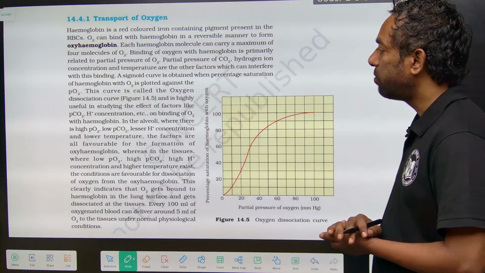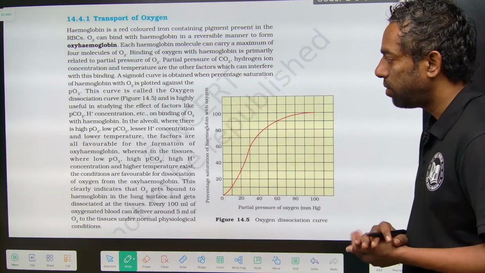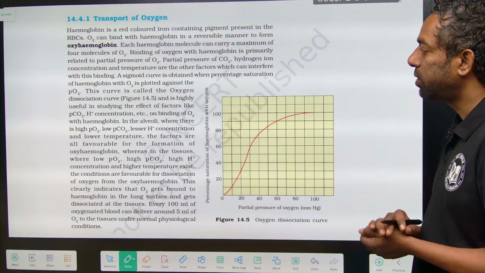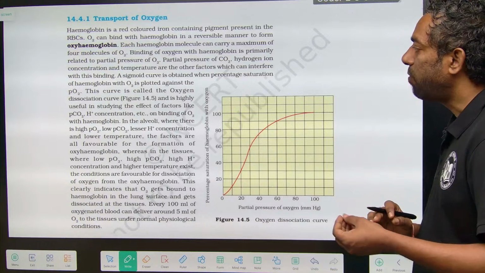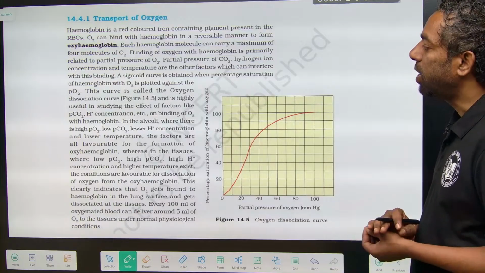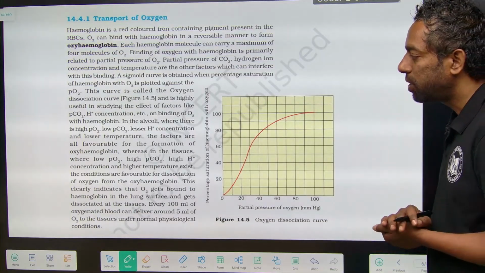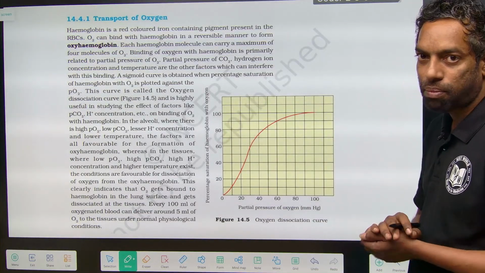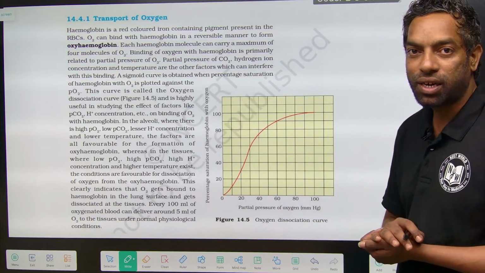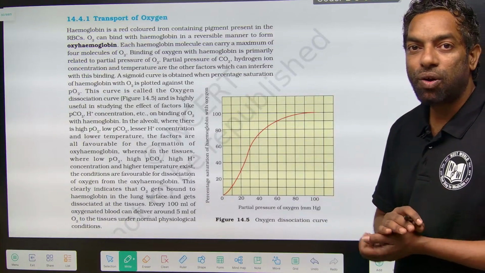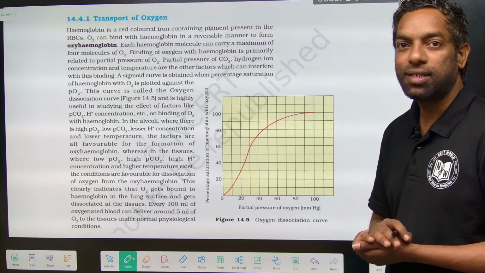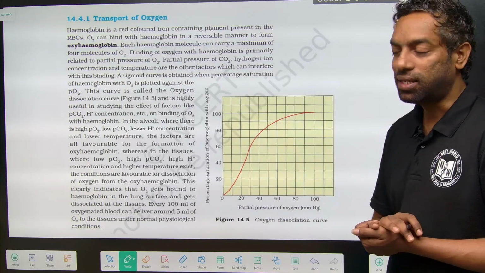In the alveolus, high oxygen, low carbon dioxide, lower hydrogen concentration and lower temperature are factors favorable for the formation of oxyhemoglobin, whereas in the tissue there is low partial pressure of oxygen, high partial pressure of carbon dioxide, high temperature, and high hydrogen concentration, meaning a low pH value, which causes the loss of oxygen and binding with carbon dioxide.